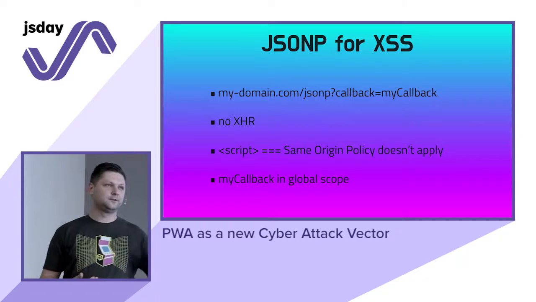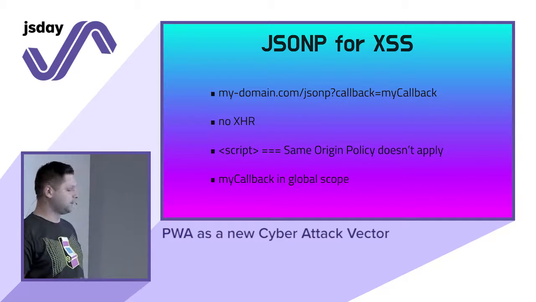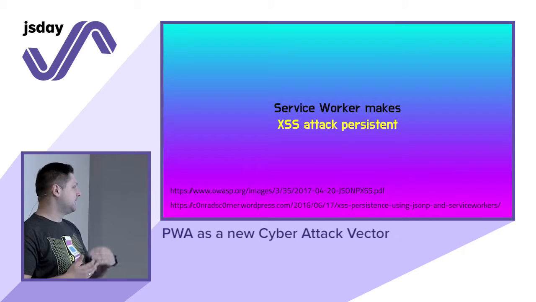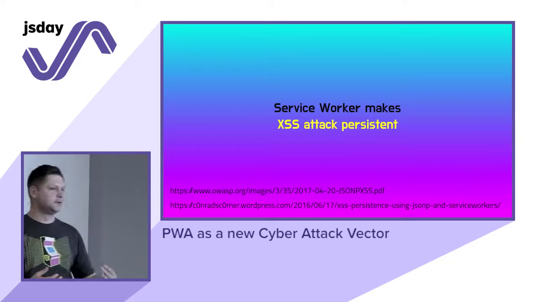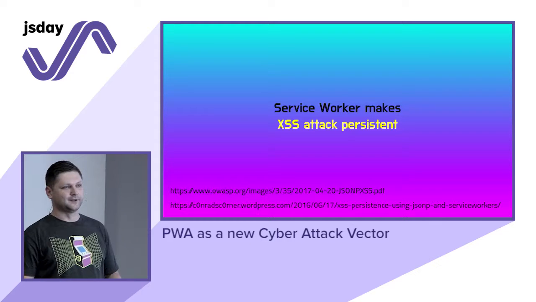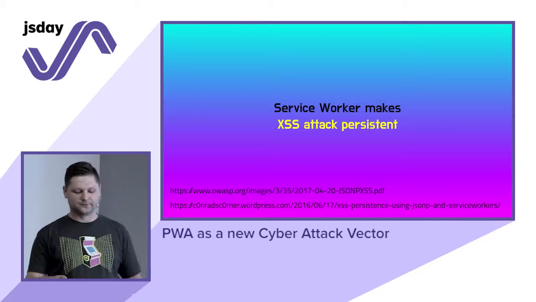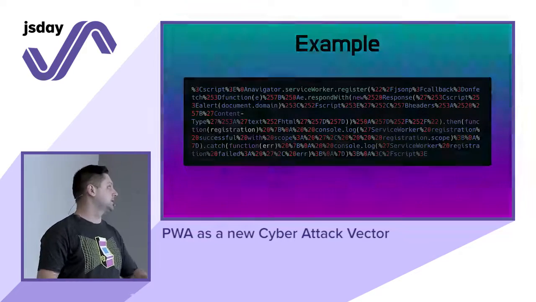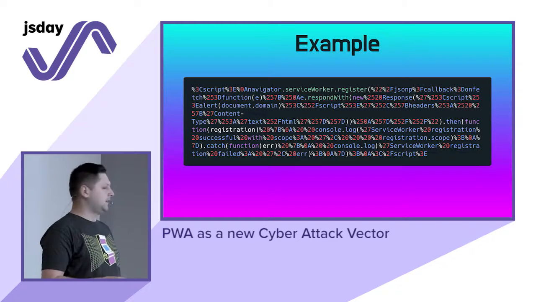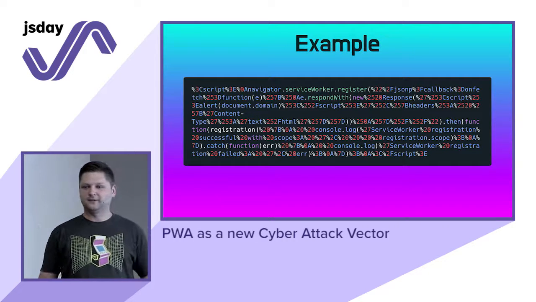And it needs to execute some callback in global scope. So this makes the attack, as I said, persistent for a long time. Below you can find links with a deeper explanation of how to use JSON-P for that. And here's an example of this attack. This is the power of URL. Is it readable? Everybody can read it, yeah?